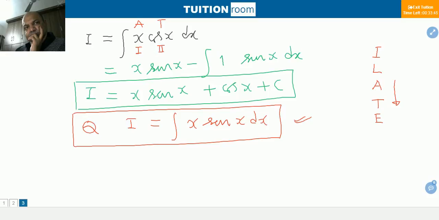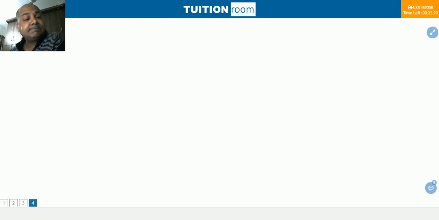We can write x raised to the power minus 2 into log x dx. Now, how will you use it? First, this is algebraic, this is logarithmic, and by the ILATE process this is supposed to be the first function, this is the second function.